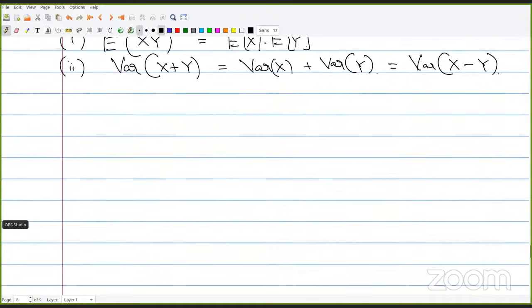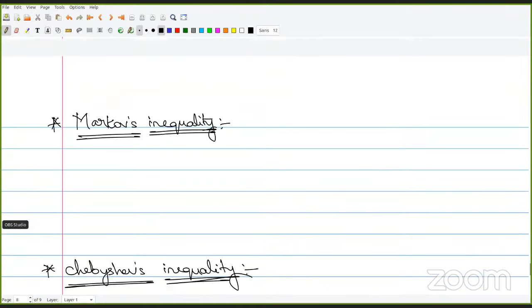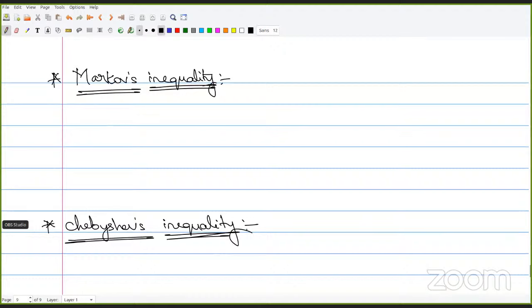Now let's come to very interesting, irritating inequalities: one is Markov's inequality and one is Chebyshev's inequality. What Markov tells us is, if you have any random variable x with a finite mean, so if your expected value of x is finite, then you can bound your probabilities using this inequality.